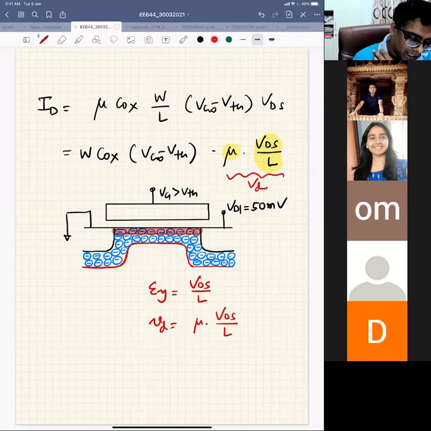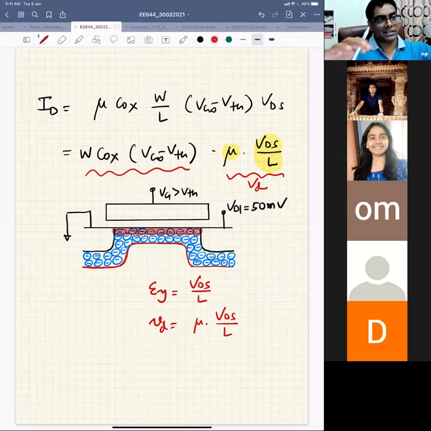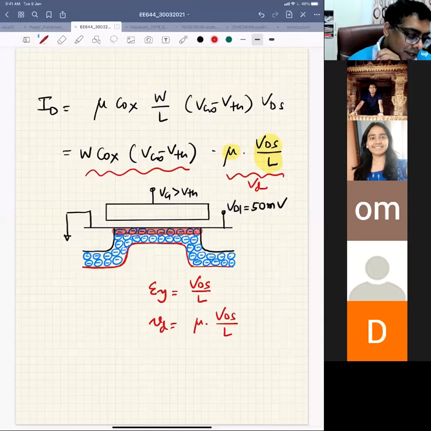And if you look at this part, your channel is uniform. What is the average charge? The average charge is Cox times VGS minus VTH, because your source side is Cox times VGS minus VTH, and your drain side is also Cox times VGS minus VTH. If you multiply by W, this is the total charge.